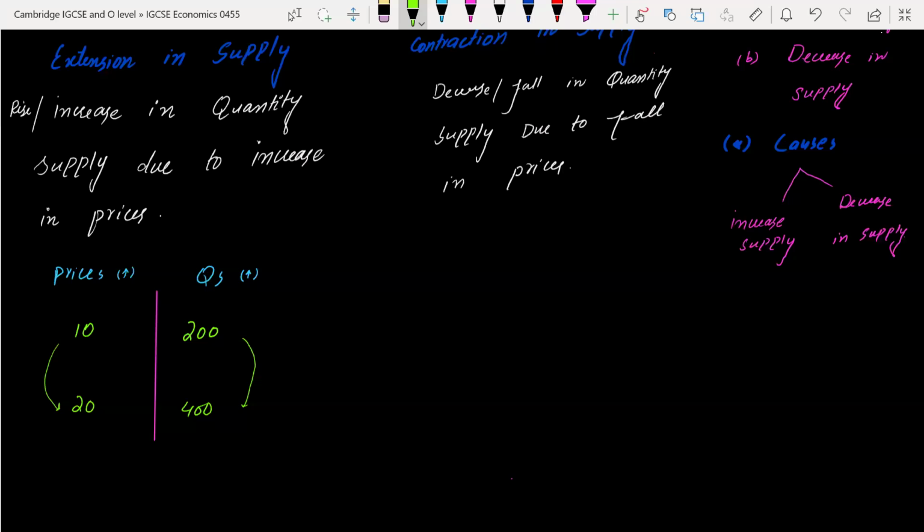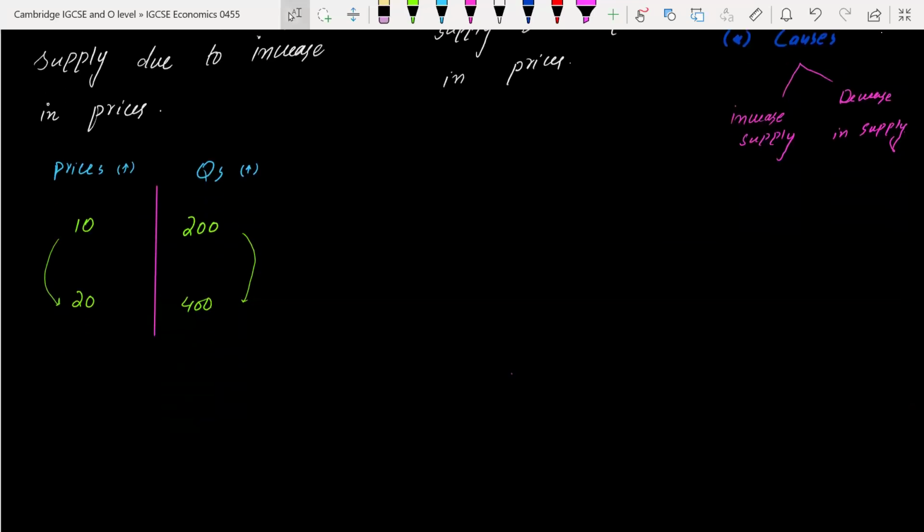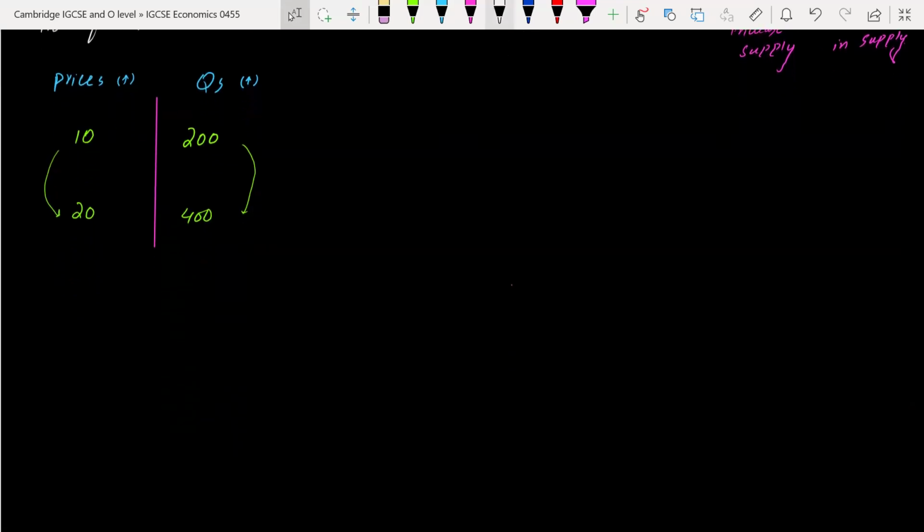On the other hand, I will make a table, but let me make this diagram first. So how will we make the diagram? It will be like this. We will keep our prices on the y-axis and our quantity supply will be on the x-axis.